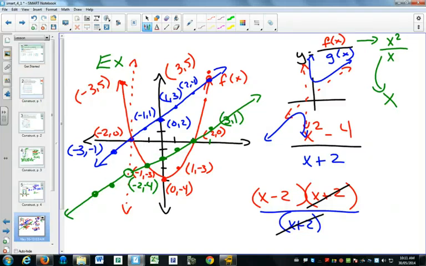And the idea that we see is as it gets further and further away from 0, as it goes further this way and further this way, it gets more like the line that it's supposed to look like. And that's what's always going to happen when you do an x squared divided by an x. If you do an x cubed divided by an x, your graph will eventually start to look like a parabola.